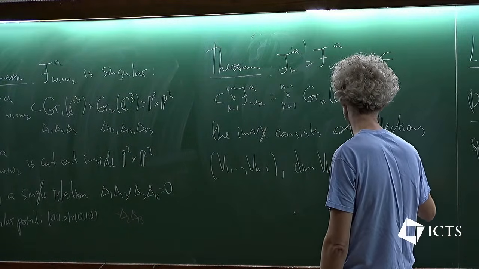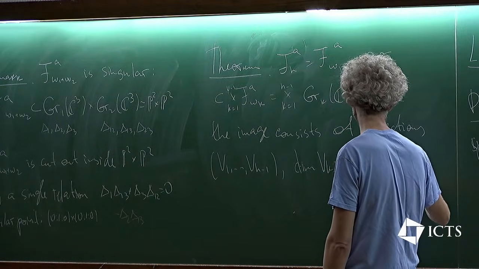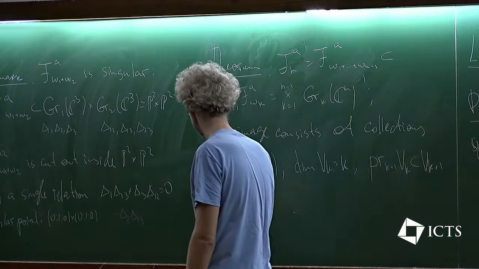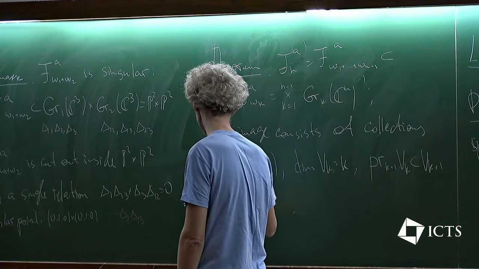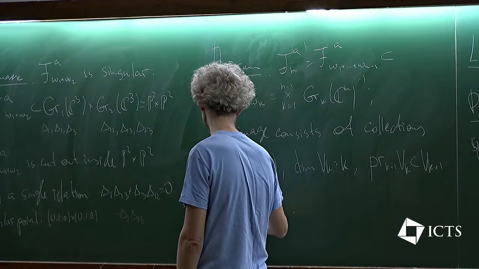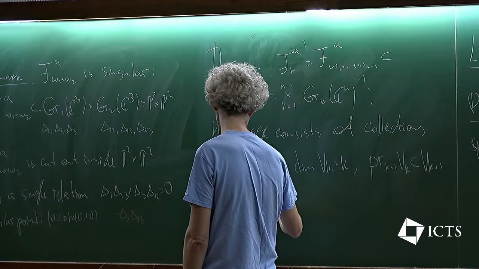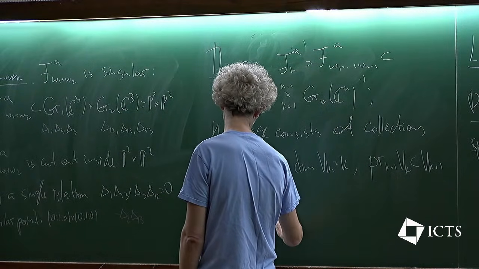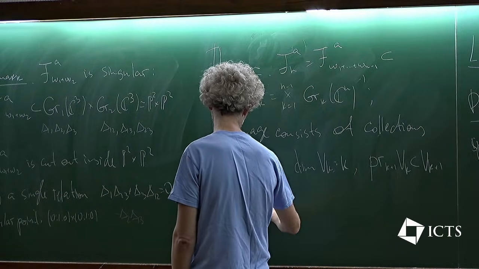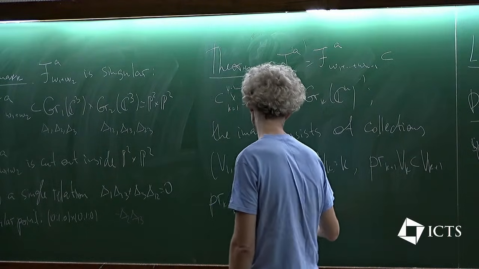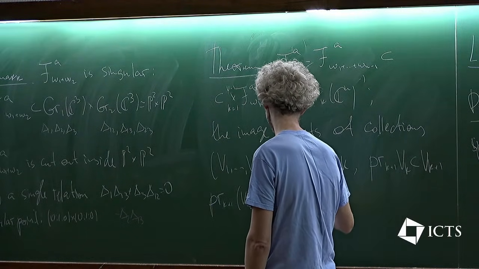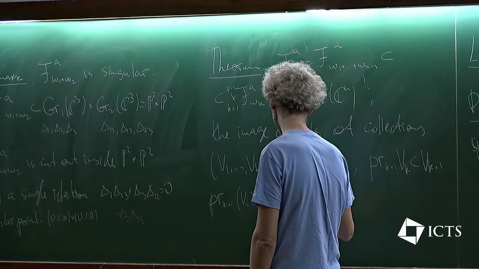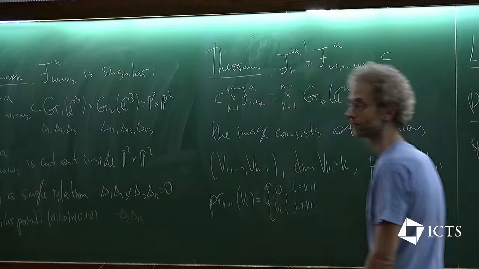relation is that pr_{k+1} of V_k sits in V_{k+1}, where pr_{k+1} applied to the vector v_i is δ_{i,k+1}. Let me write it as: this is 0 if i is k+1, and this is v_i if i is not k+1.